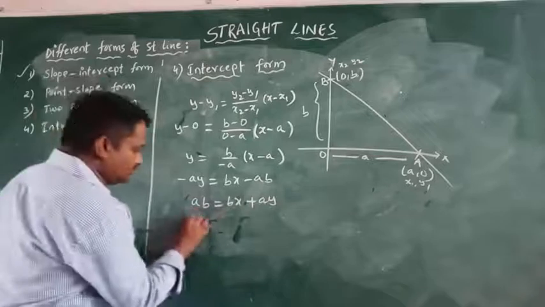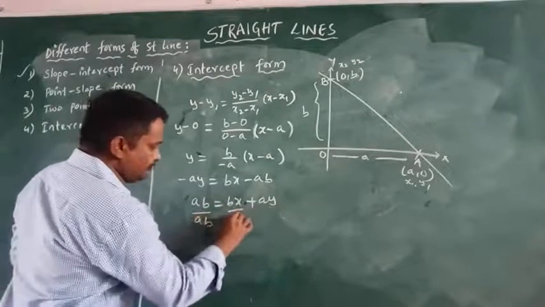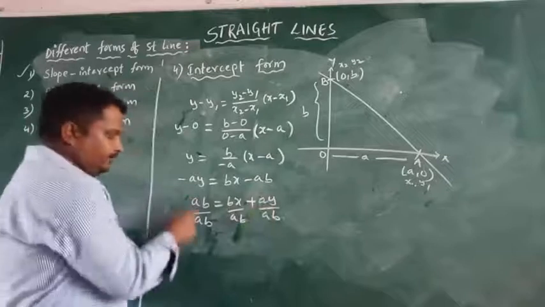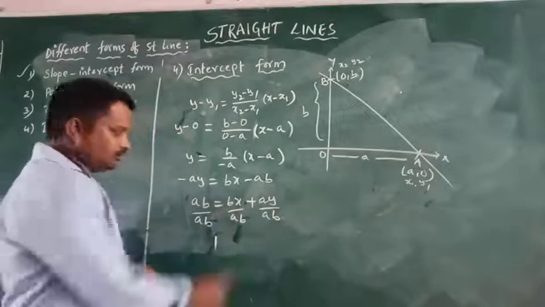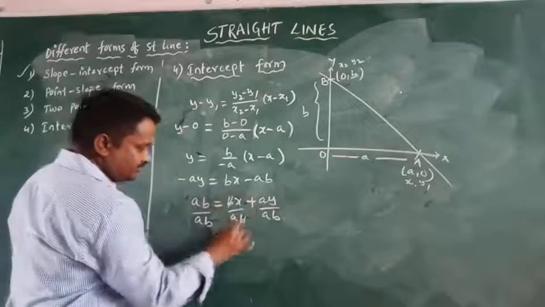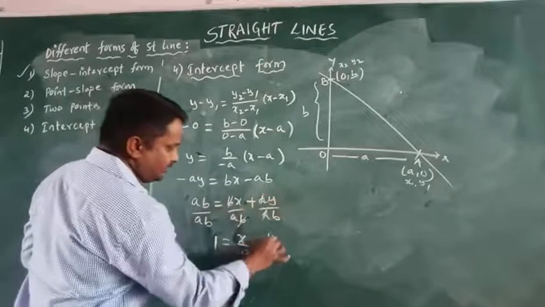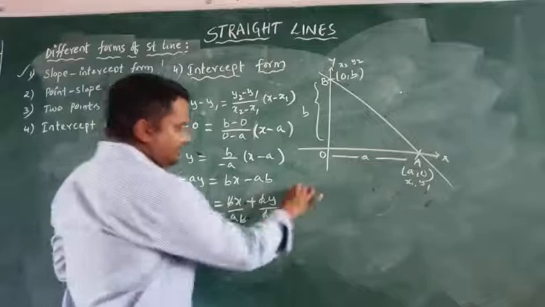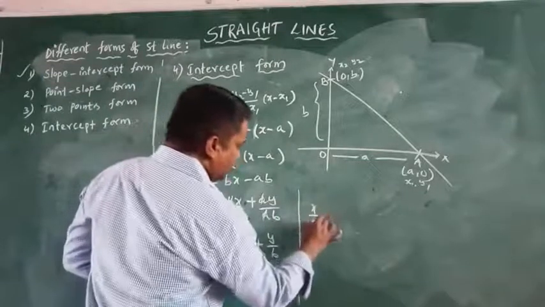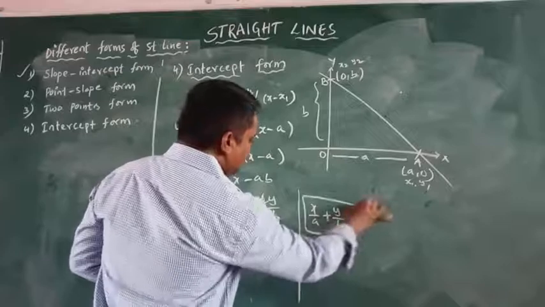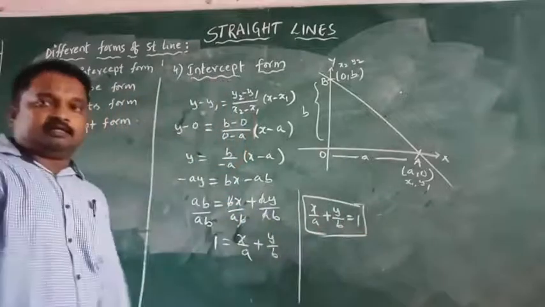So ab by ab, bx by ab, ay by ab. ab by ab equals 1. Here b gets cancelled, that is x by a; a gets cancelled, that is y by b. So therefore x by a plus y by b equals 1 is the intercept form.